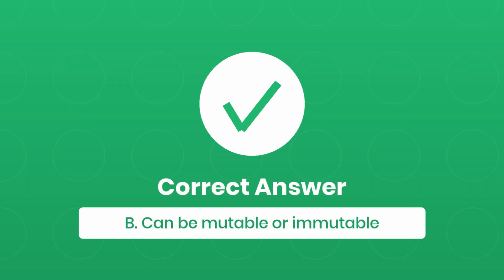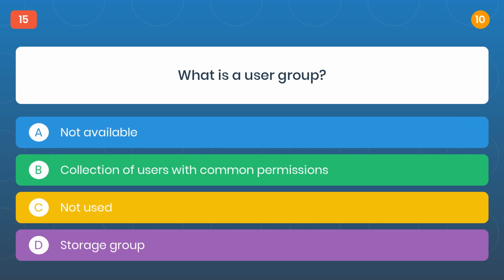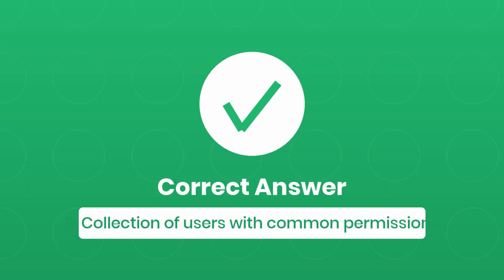The correct answer is B, can be mutable or immutable. Question 15. What is a user group? The correct answer is B, collection of users with common permissions.